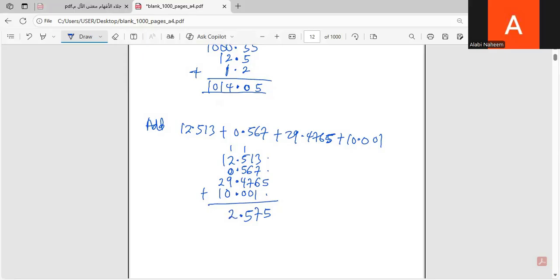So you can write 2 and transfer 1 here also. Right? So 1 plus 1, 2, plus 2, 4, plus 1, 5. So you have 5. The answer is 52.575. With this, you should be able to add any decimal number you come across. Let's move to subtraction.